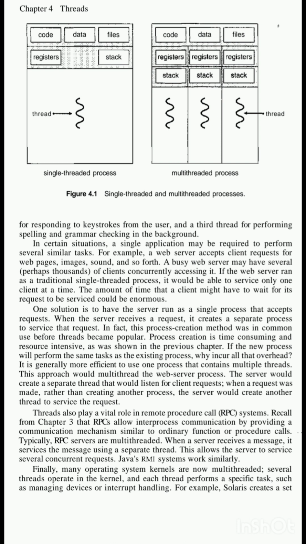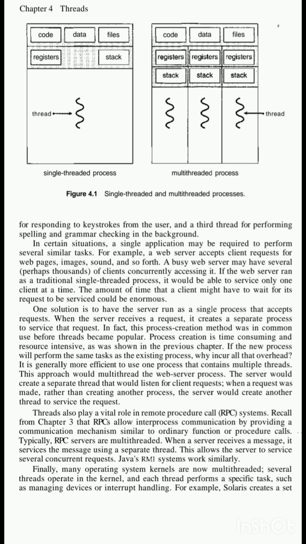A multi-threaded process is a program or application that utilizes multiple threads to perform tasks concurrently within a single process. Unlike a single-threaded process that can only execute one instruction at a time, a multi-threaded process can divide its workload among multiple threads, allowing for better resource utilization and improved performance.